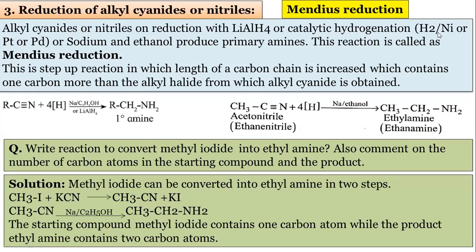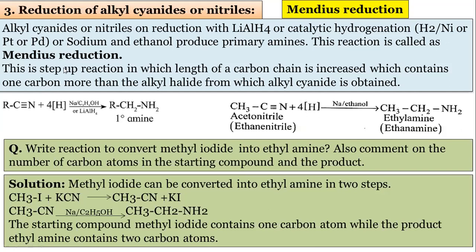Or you can use H2/Ni, platinum, palladium, or NaBH4. We can use any reducing agent here. But here it is Na and C2H5OH, sodium metal in the presence of alcohol, used as a solvent. This is called a step-up reaction.